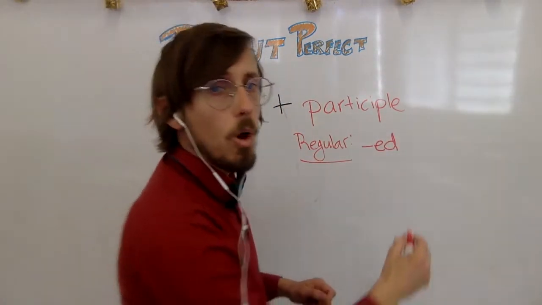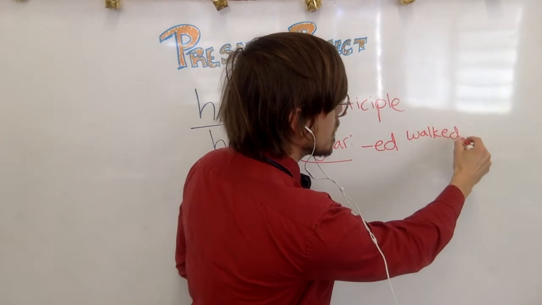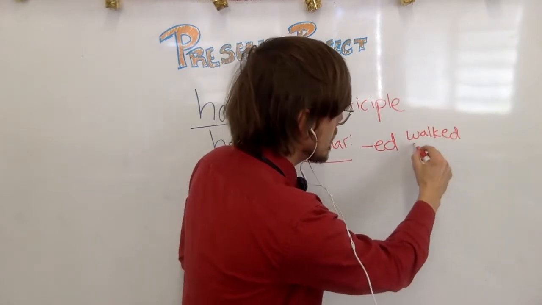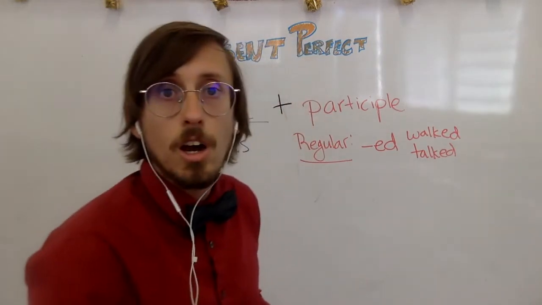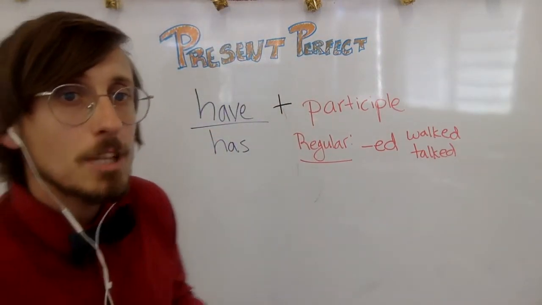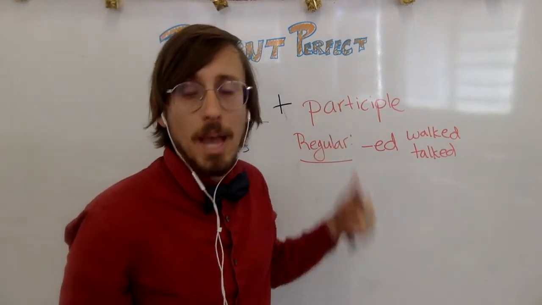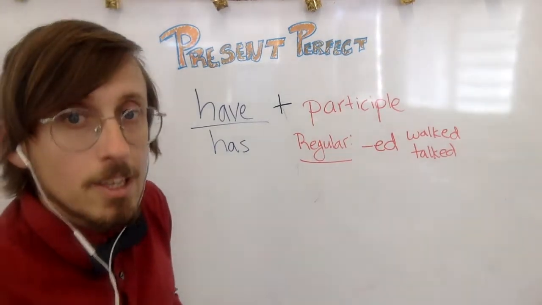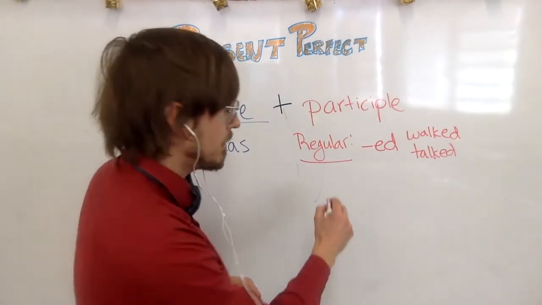So a verb like walk becomes walked. A verb like talk becomes talked. Those are our regular verbs. If they are regular in the past, they are probably regular also as a past participle. Where it becomes a little more tricky are for our irregular verbs.